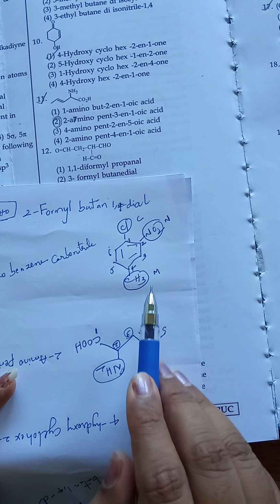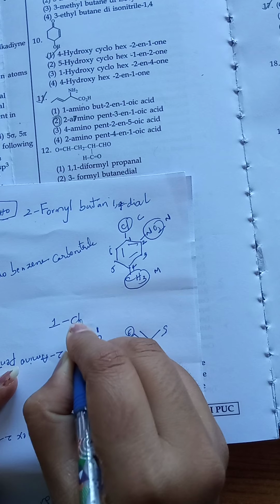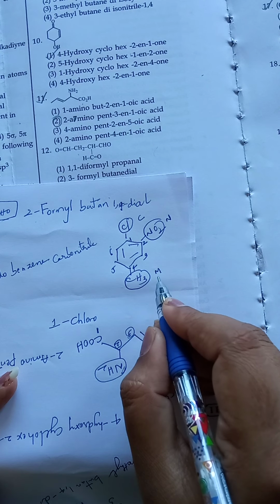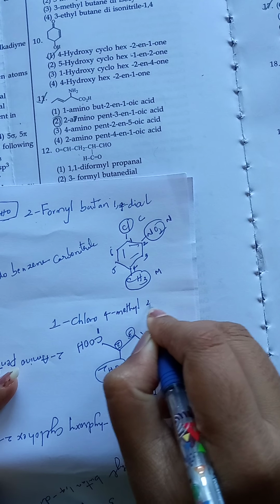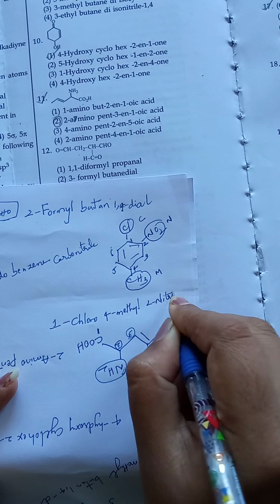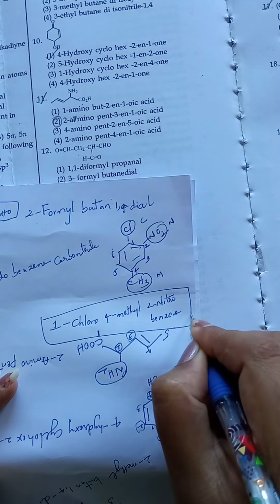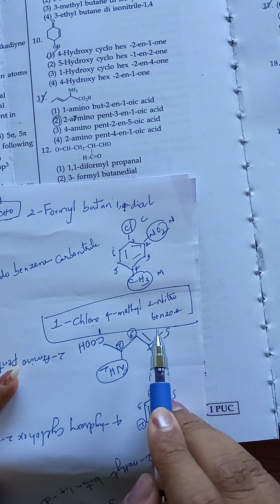C. Next M, next N. First 1-chloro, next 4-methyl, 2-nitro benzene. This is the name for the given compound: 1-chloro-4-methyl-2-nitrobenzene.